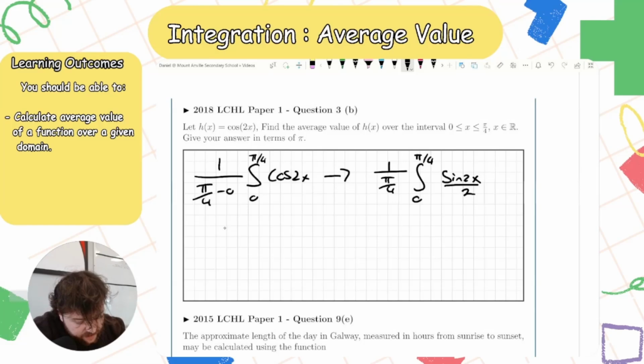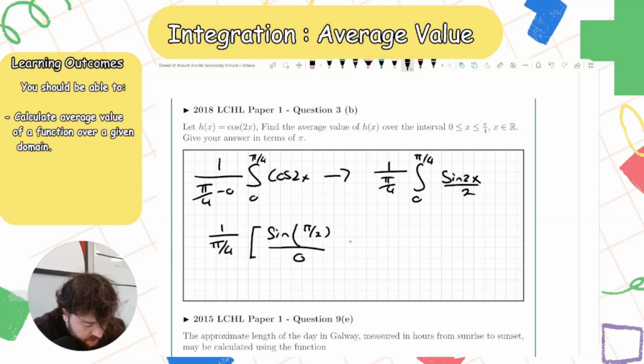Sub that in. So that's 1 over pi over 4 times sine of 2 times pi over 4, which is pi over 2, all over 2, minus sine of 2 times 0, which is 0, all over 2.